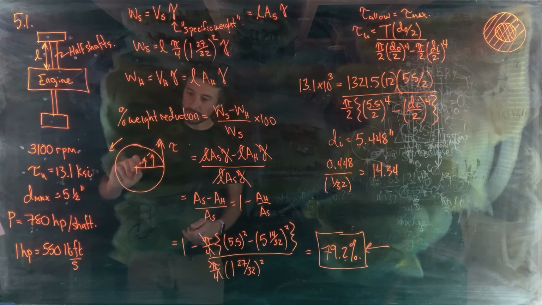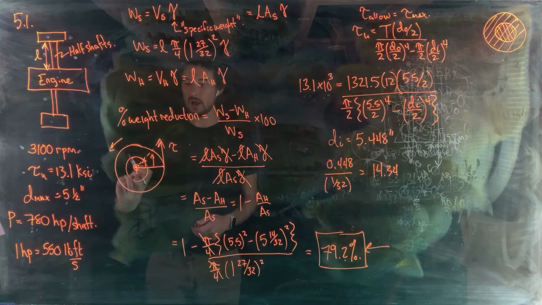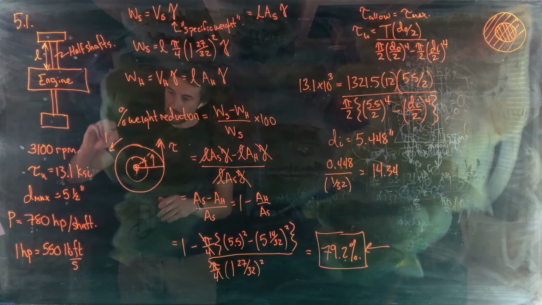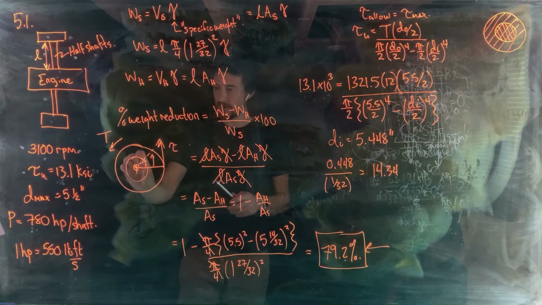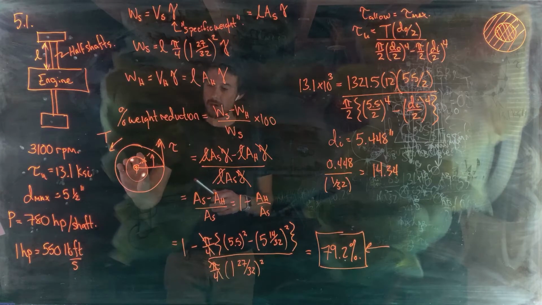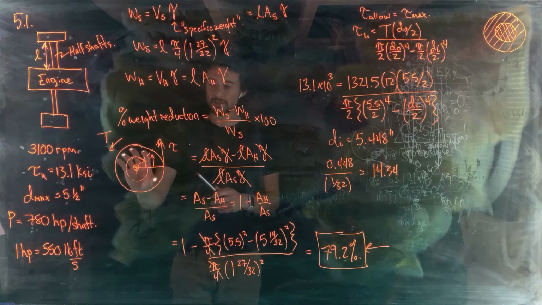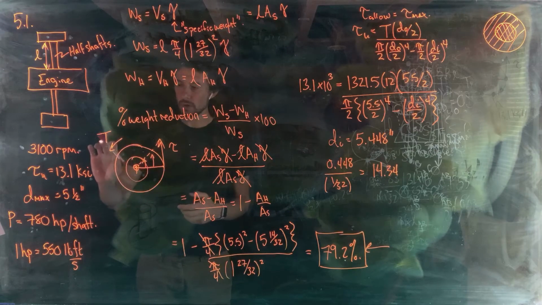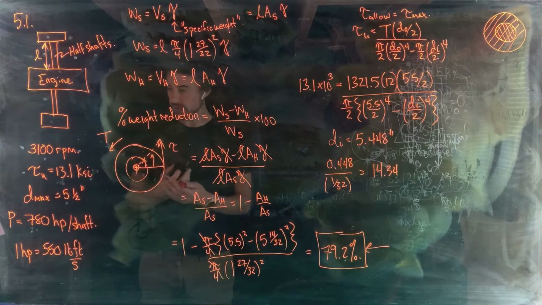So all of the material in the center and around that adds to weight, but does not meaningfully support the internal torque, right? There's very little stress on it. So by removing that material and having a hollow shaft, you end up with something that is much better at supporting torque for its weight.